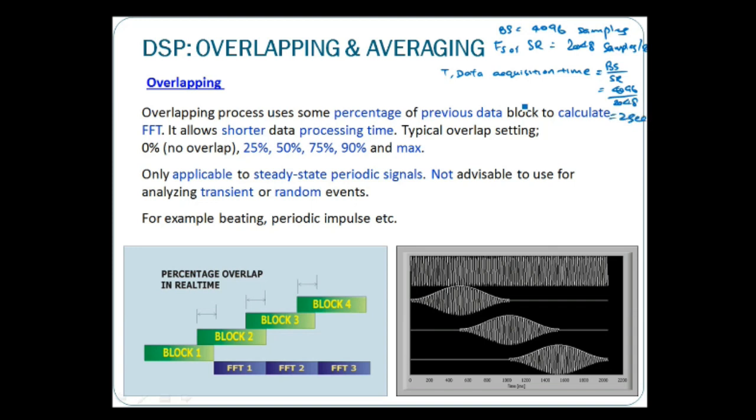Then your delta f equals fs over BS, so 2048 over 4096 equals 0.5 hertz.